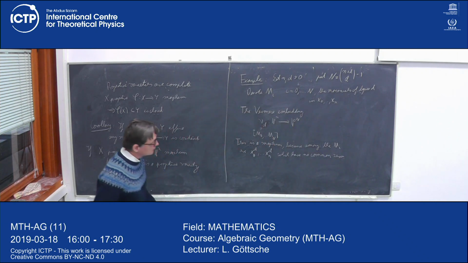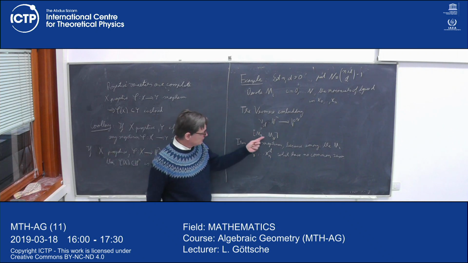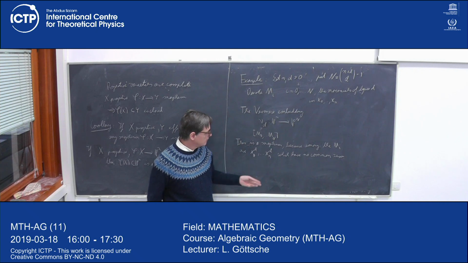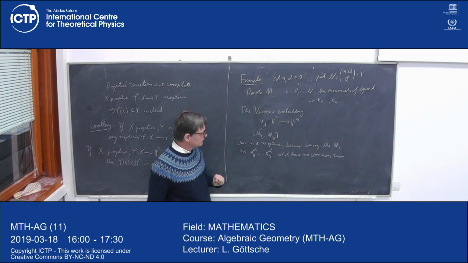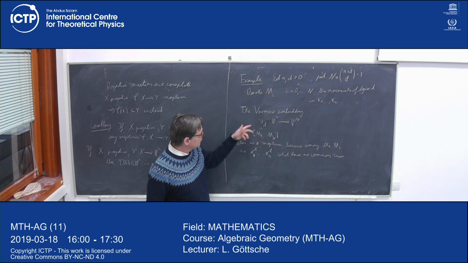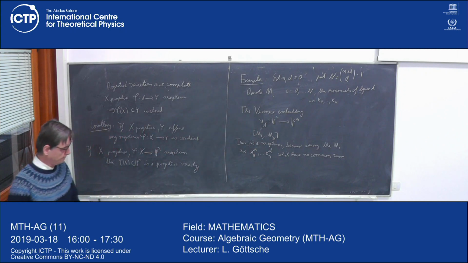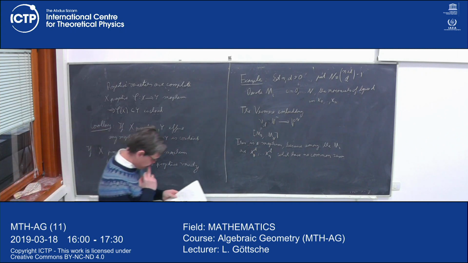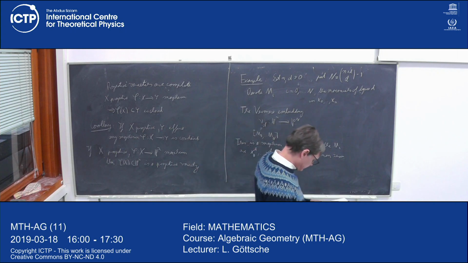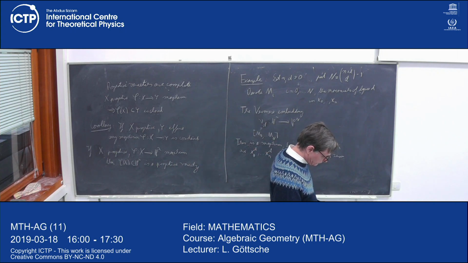So the condition for something given by homogeneous polynomials like this to be a morphism was that these are homogeneous polynomials of the same degree with no common zeros. So this is what defines a polynomial map. Morphisms are more general. We can define them by rational functions and so on. Remember the definition. So this is a morphism.